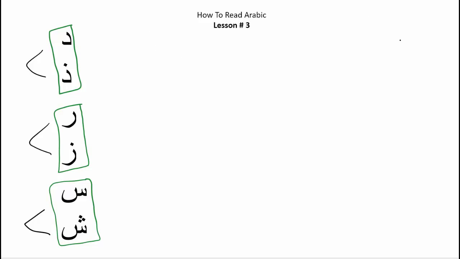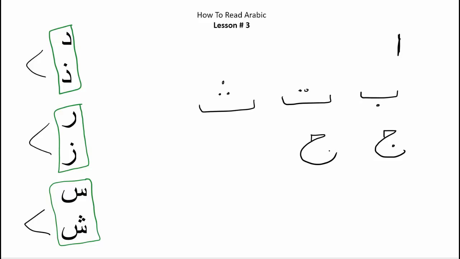So now let's see. We had this shape, alif, by itself. Then we had ba, ta, tha. Then we had jim, ha, dot on top, kha.